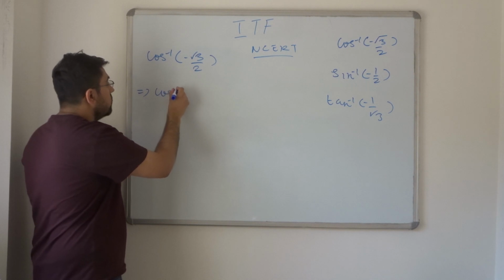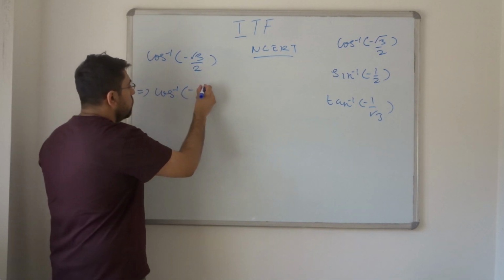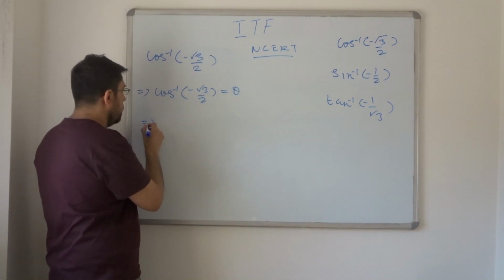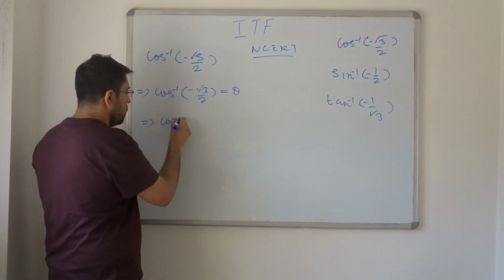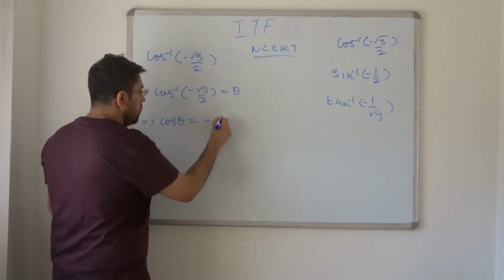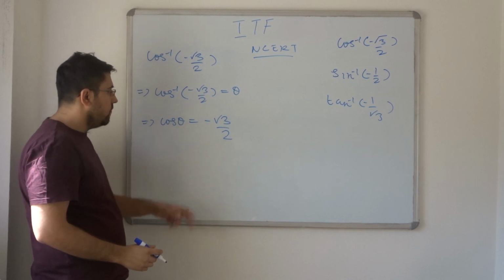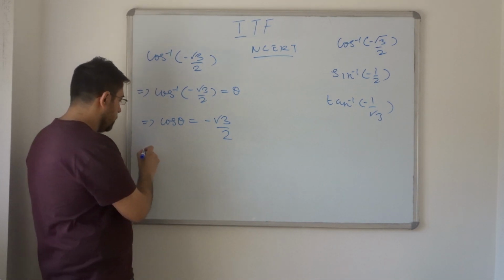So guys, you have cos inverse of negative root 3 upon 2 equals theta, and then you have cos theta equals root 3 upon 2. That's the first step. So what is the next step, guys?